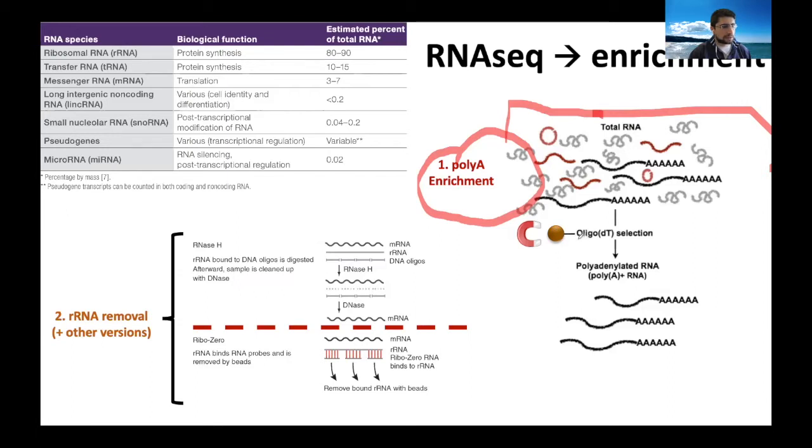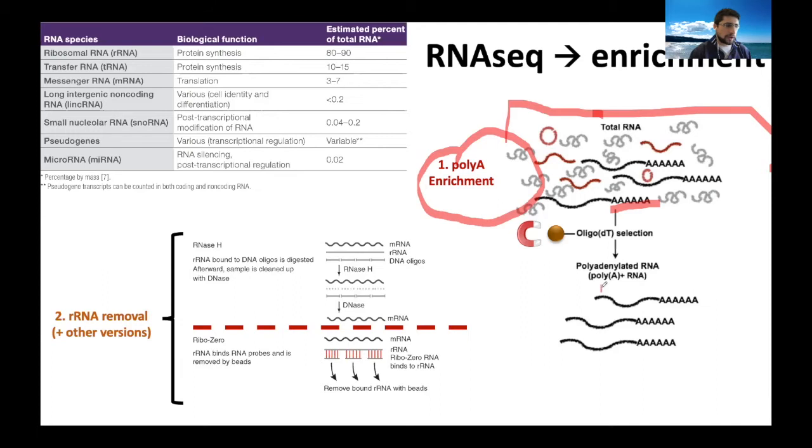And these are modified with a stretch of oligo-dTs. Those oligo-dTs are able to recognize the poly-A sequence of our messenger RNA. And so we are able to capture, after some washes, only the fraction that is poly-A positive.